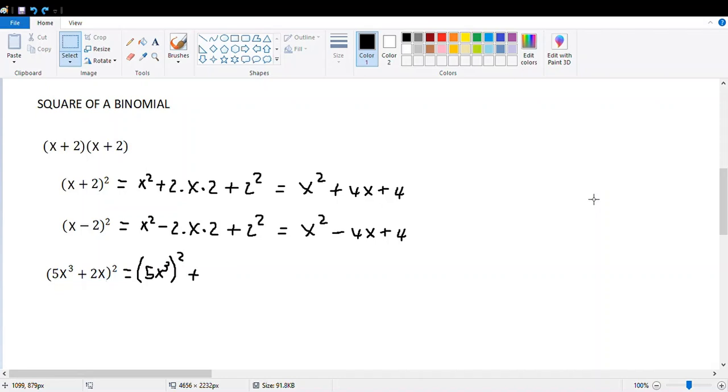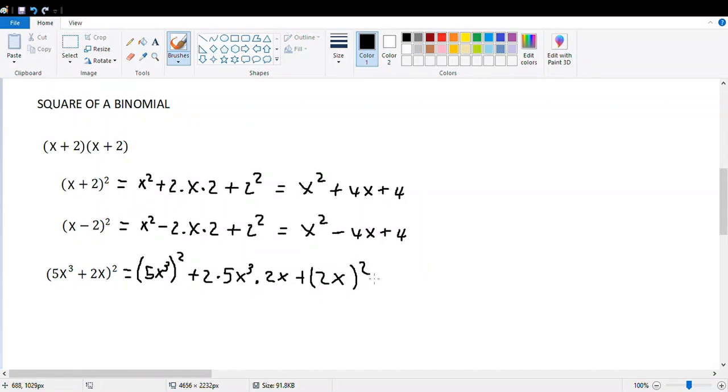Then plus 2, because it's always 2, times the first term times the second term. Plus is always plus. Okay, let me write it. Plus the second term squared. Then the second term is 2x and, according to the strategy, it is squared.